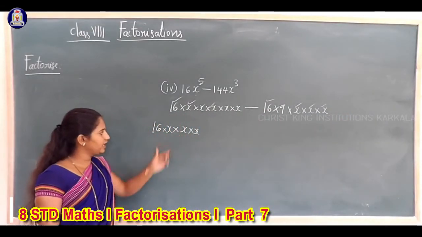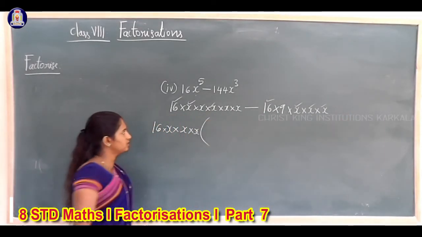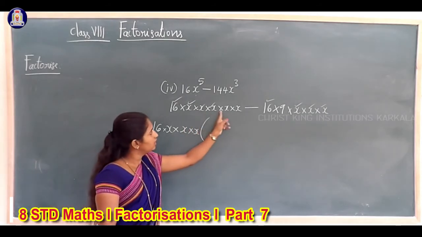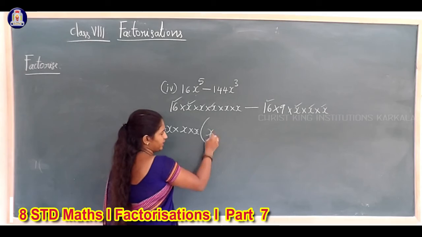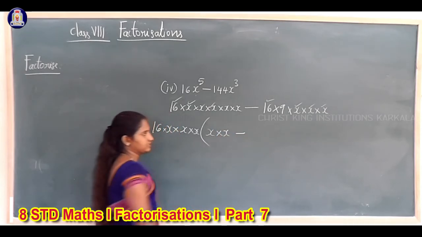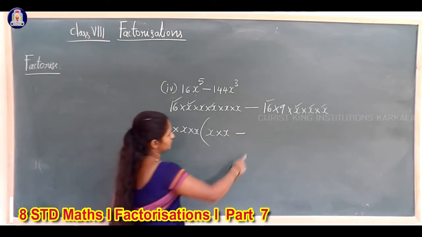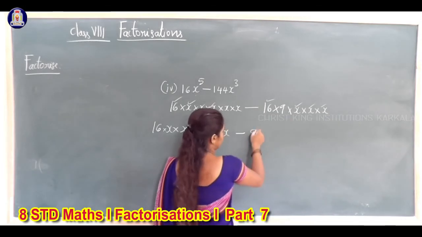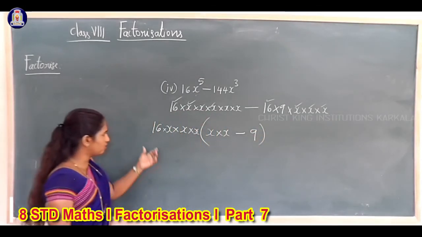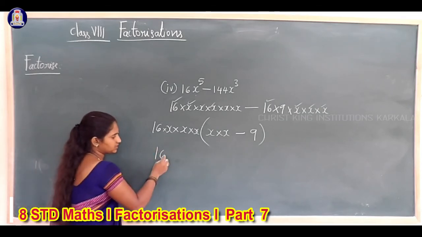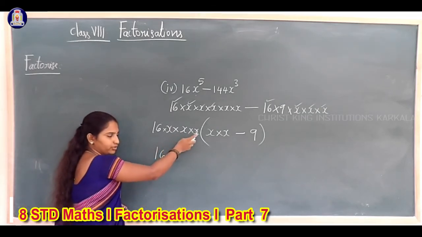So you can write 3 x's outside, and the remaining terms are only 2 x's. So you can write x into x minus. In this, the remaining number is 9. So here the common factor is 16 into x into x into x.